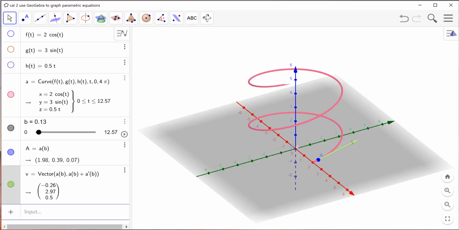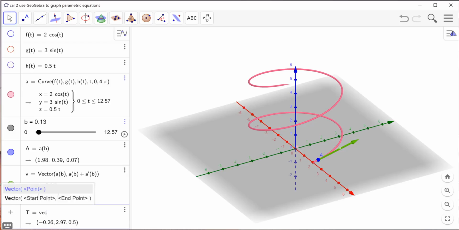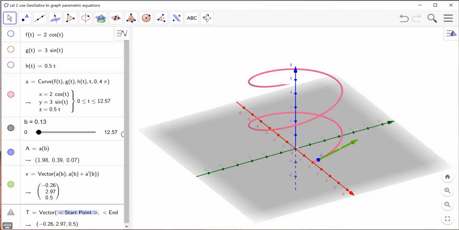Next, how do we build a unit tangent vector? Let's call it T. T is a vector with a starting point and an end point. The start point is also the point A, so a of B. By the way, the end point is a of B, the point A, plus the unit vector.